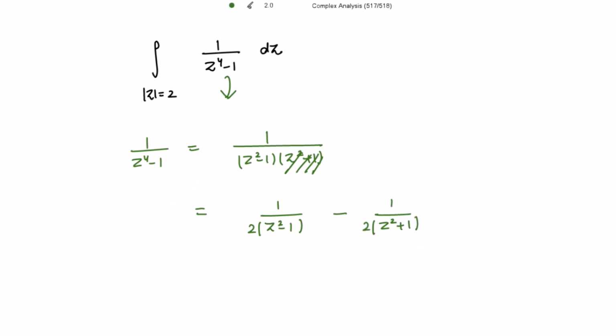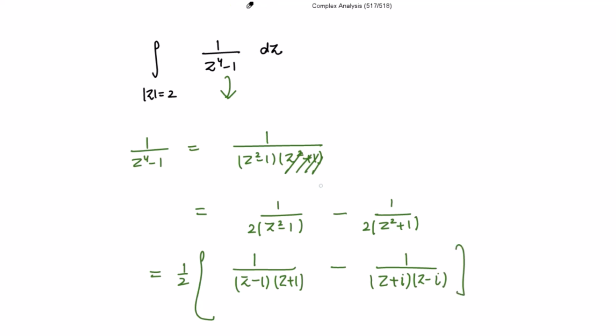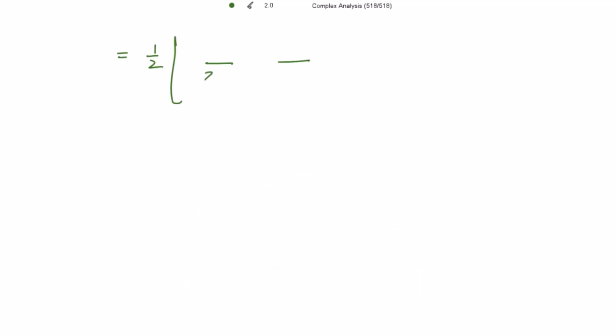Easy? Okay, let's take 1 by 2 outside and now write z² − 1 as (z − 1)(z + 1). Similarly, (z + ι)(z − ι). Again we need to make the partial fractions for this. Writing here z − 1, here z + 1.